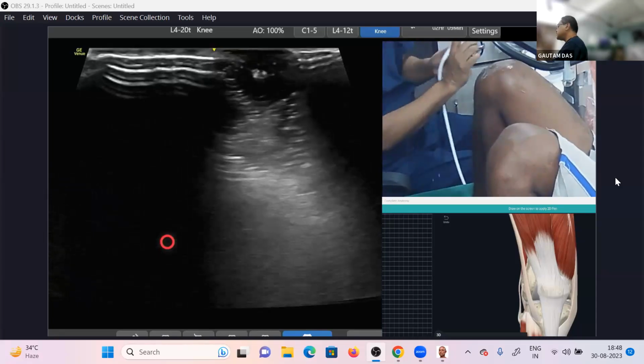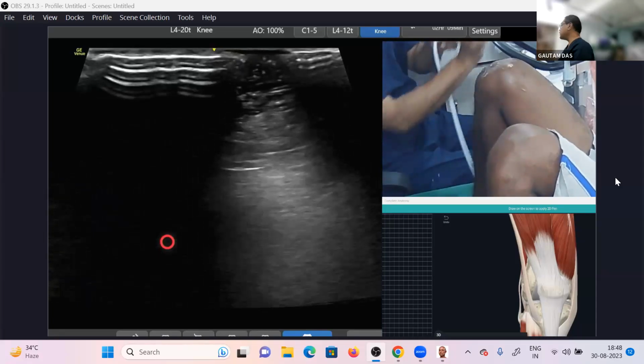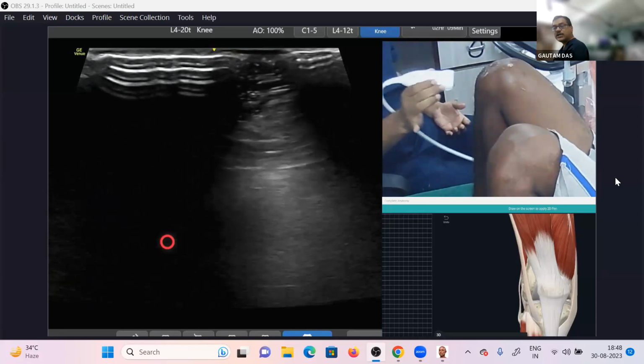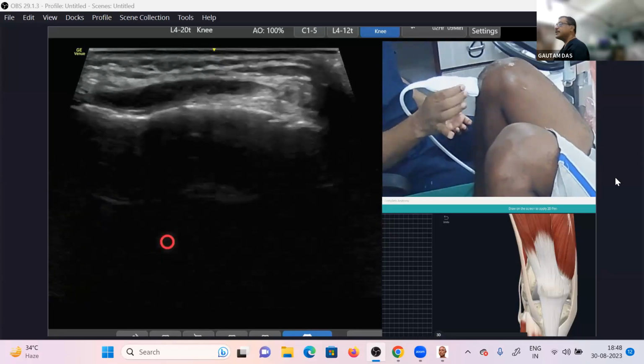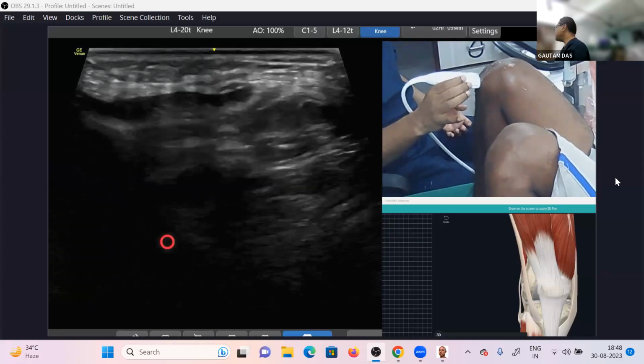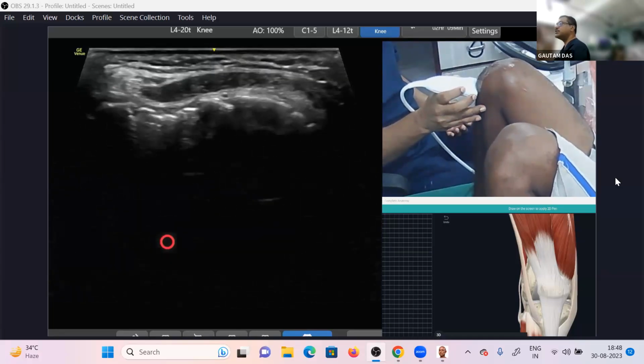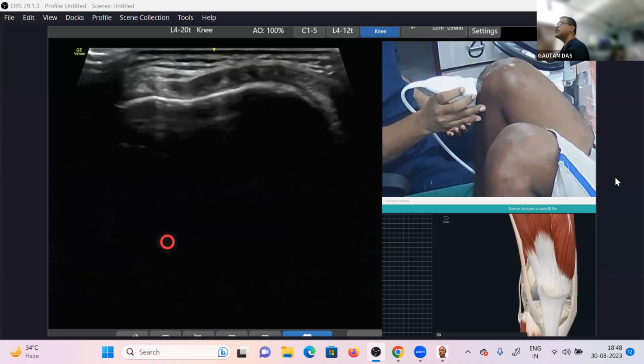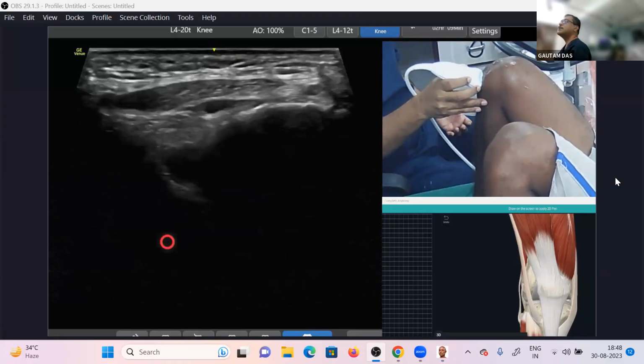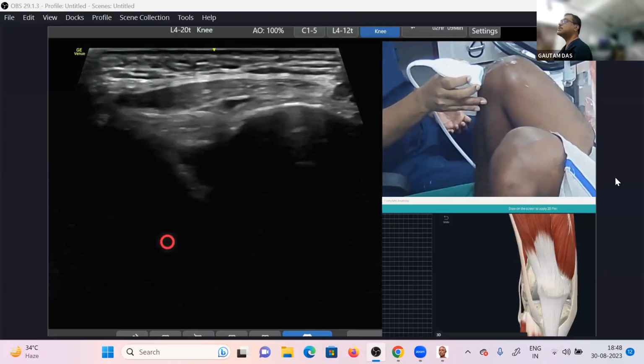Now we'll be seeing the ACL in the short axis as well. So if I'm putting the short axis probe like this, what will I see? I'll see the V above the tibial plateau, and horizontally you'll be able to see the transverse meniscal ligament.